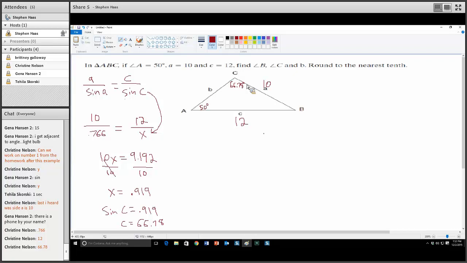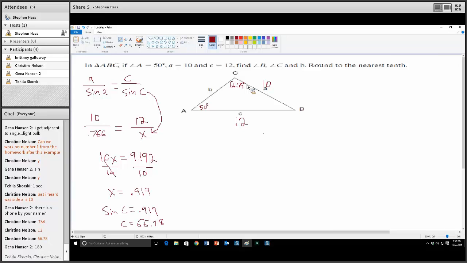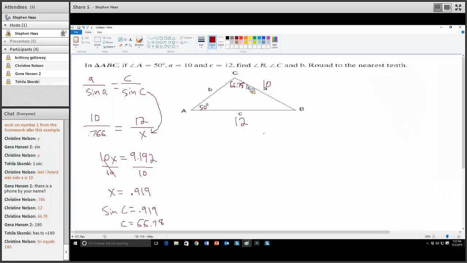Just a basic geometry rule, something that we learned way back, like a month ago. Well, all the angles of a triangle have to equal exactly 180. So let's take 180, and we'll subtract 50 for angle A, and then we'll subtract 66.78, and now we've got 63.22 left.